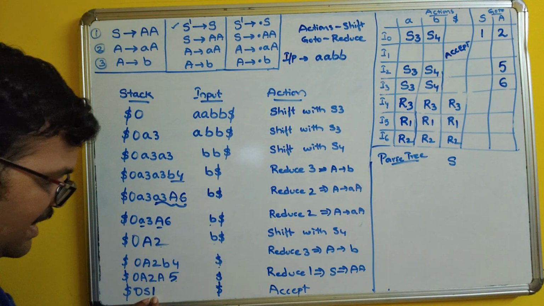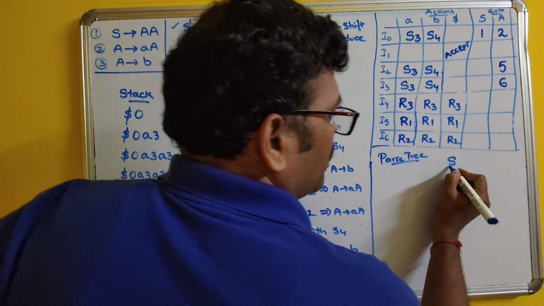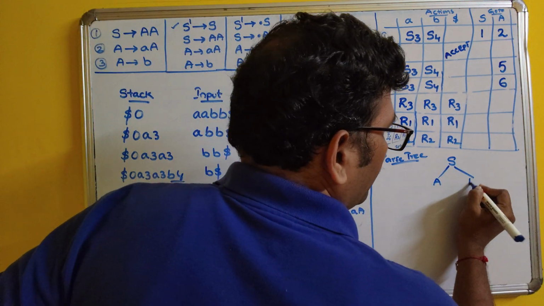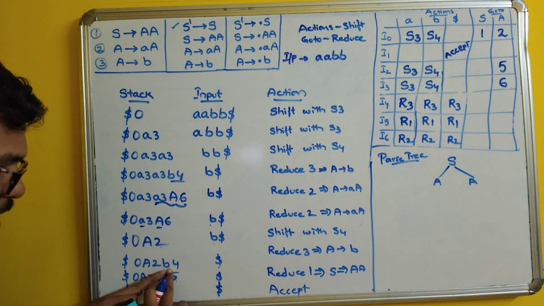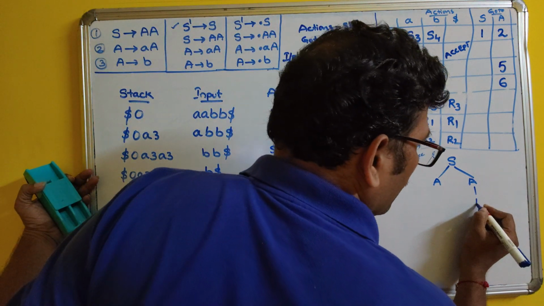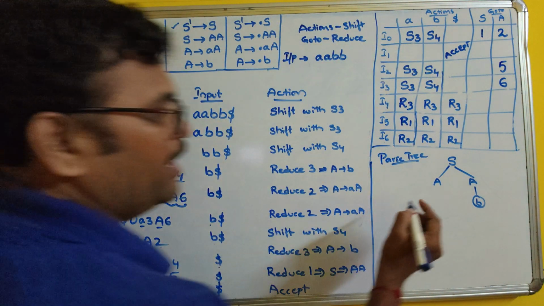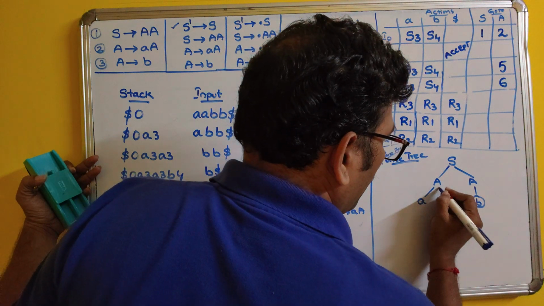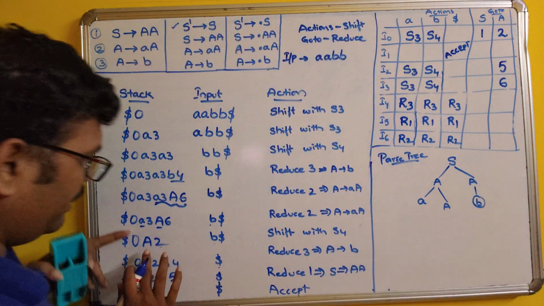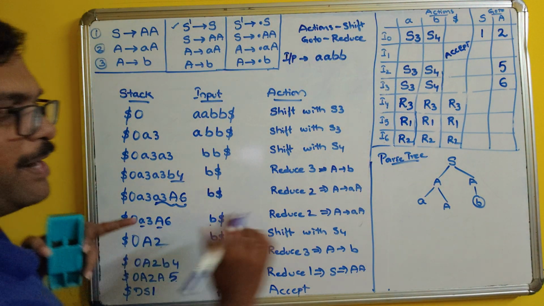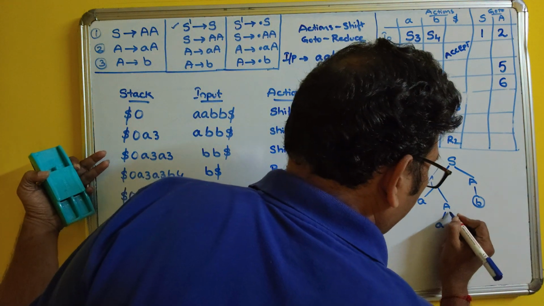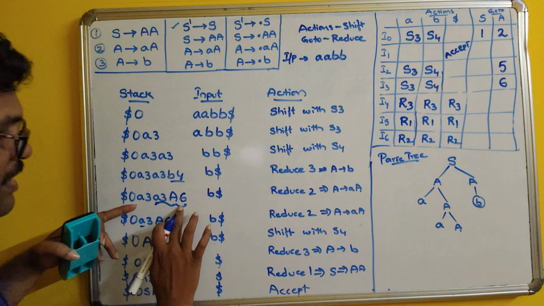Then S can be expanded with A. And this A is expanded with B. And this A is expanded with A and A. Again, this A is expanded with A and A. See this one.